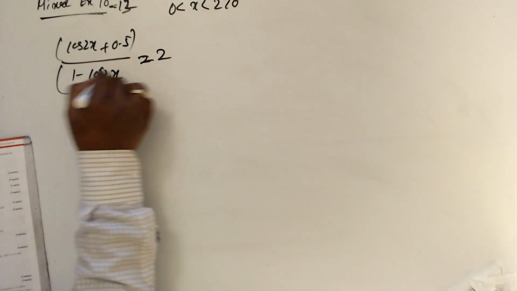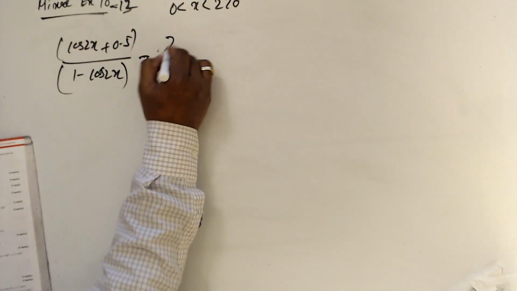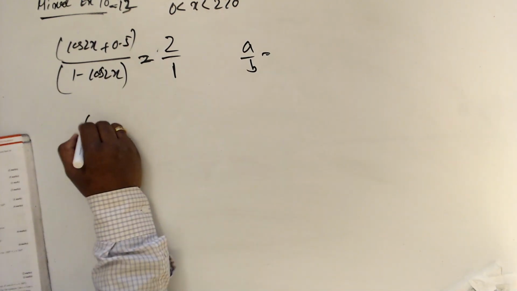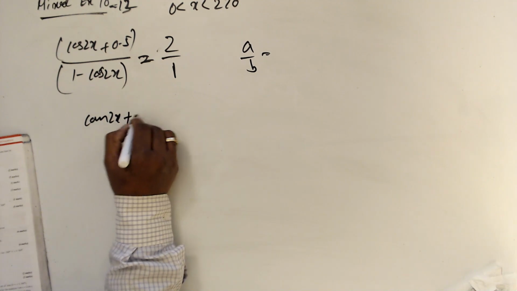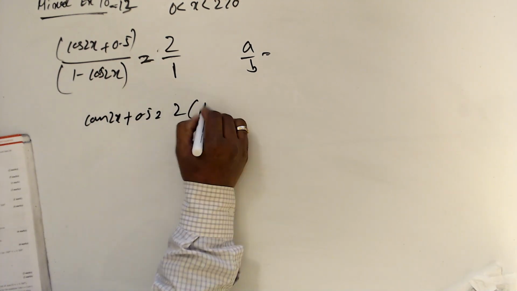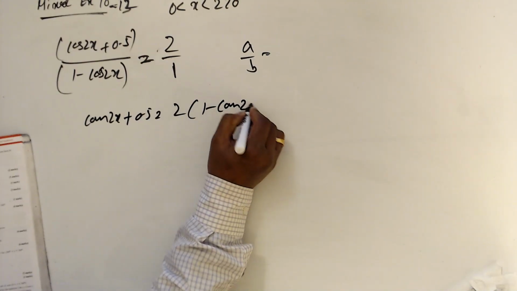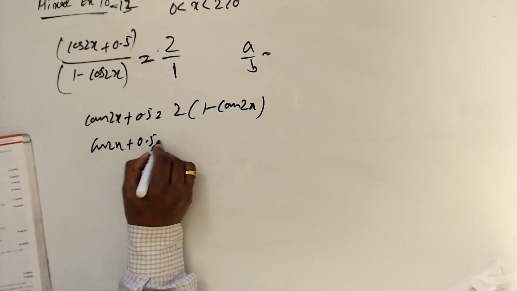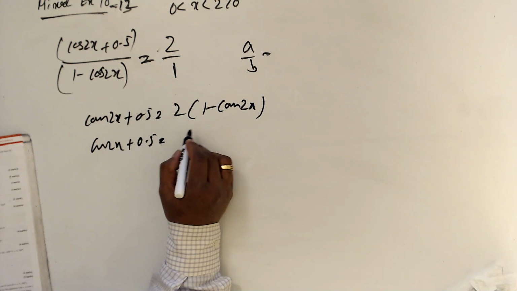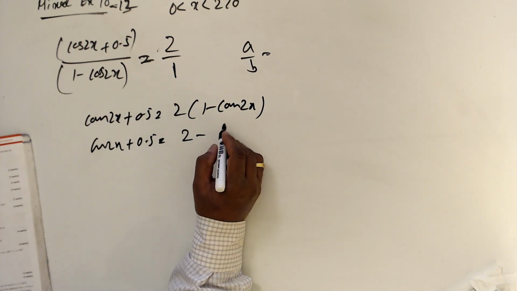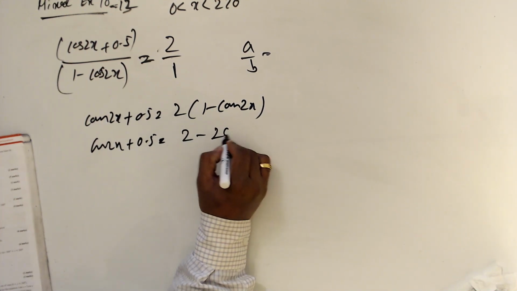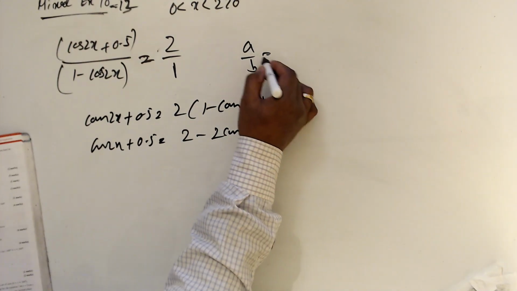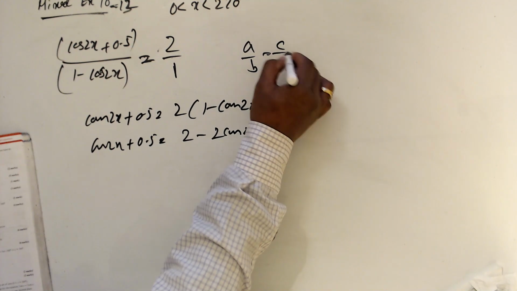This is now A over B equals C over D form.